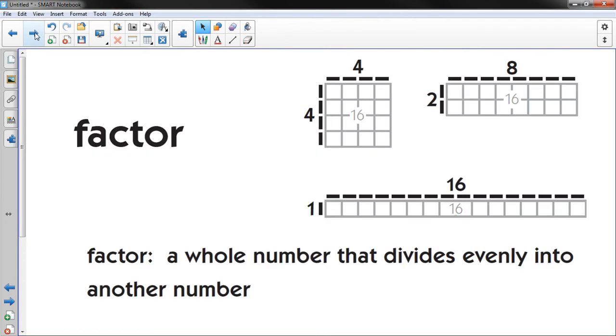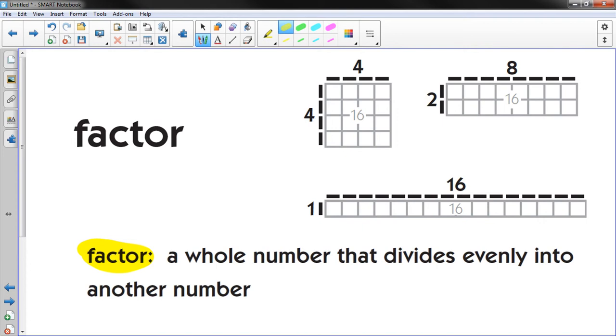Another thing that you might start hearing in class, and we'll get into it further, are factors. So a factor, definition down here, is a whole number that divides evenly into another number.